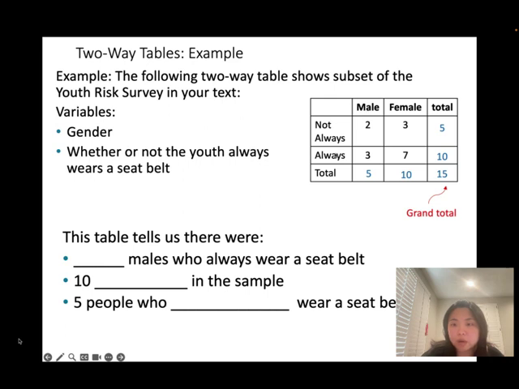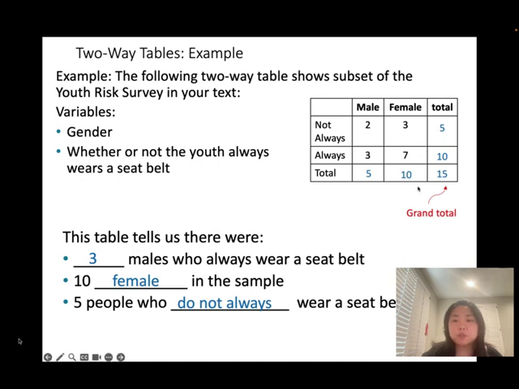That would be 3. 10 in the sample. Here they're talking about the gender, so 10 females in the sample. And 5 people who do not always wear the seatbelt. You know how to read the two-way table.